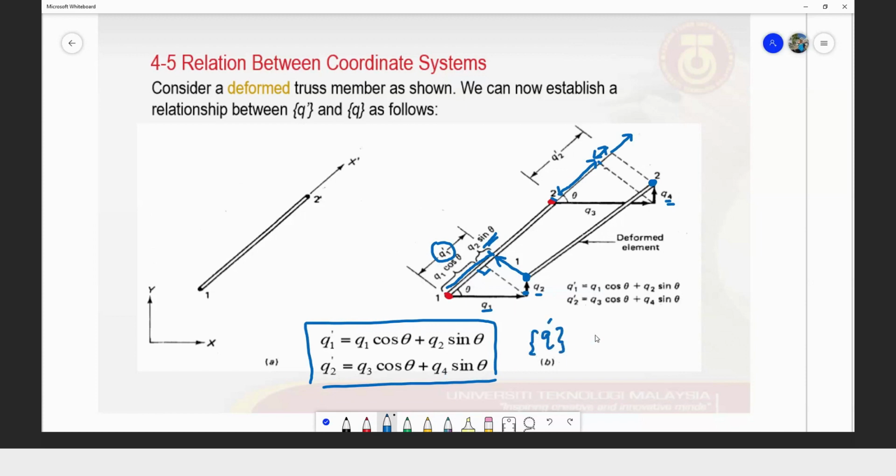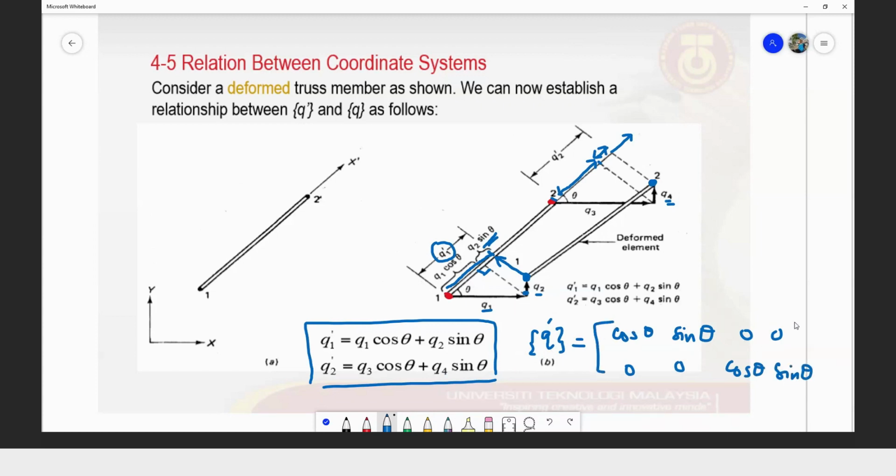And this relation we can write something like this, equal to cos theta, sin theta, 0, 0, then 0, 0, sorry, cos theta and sin theta.